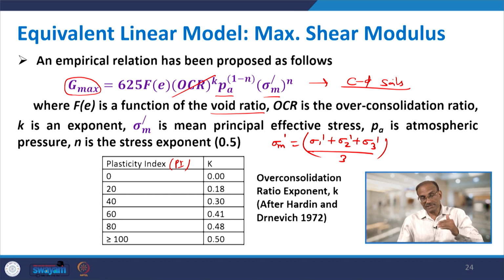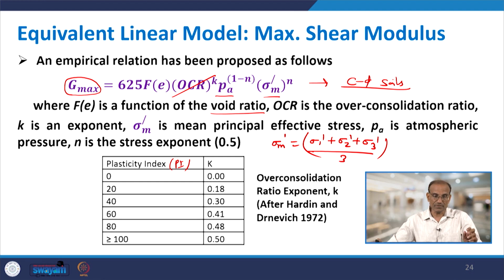But as PI increases, the value of K increases from 0, and then the effect of OCR comes in. So for clay, or cohesive soils, there will be an effect of overconsolidation ratio, but maybe not for sand.